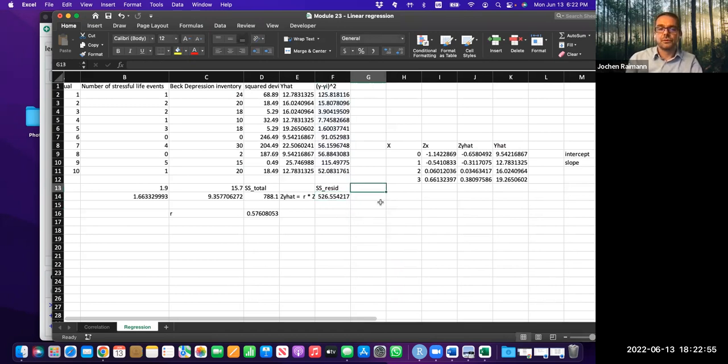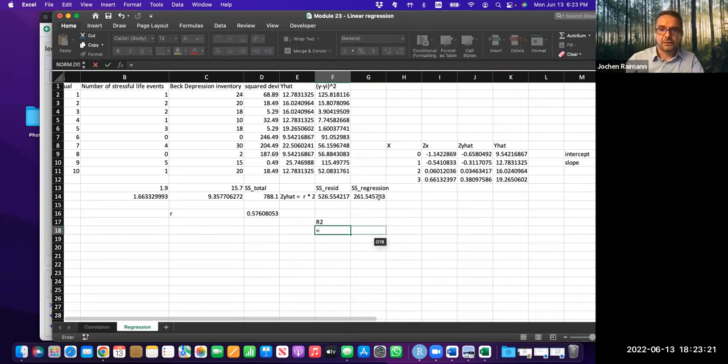Now, if we want to know the actually explained sum of squares, this is this minus this. Our R squared is, as I said, the explained variability divided by the total variability.